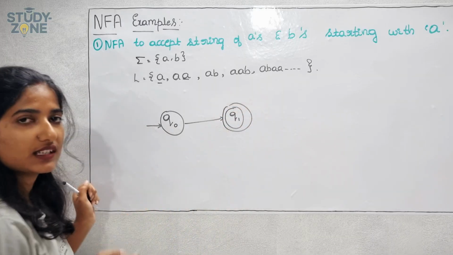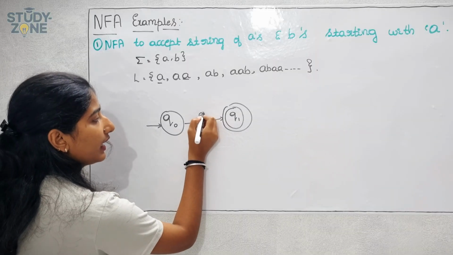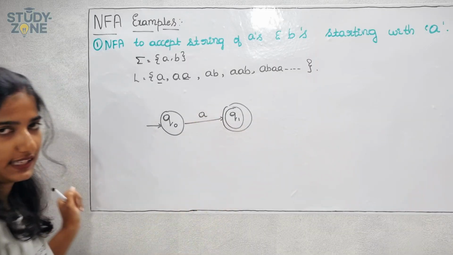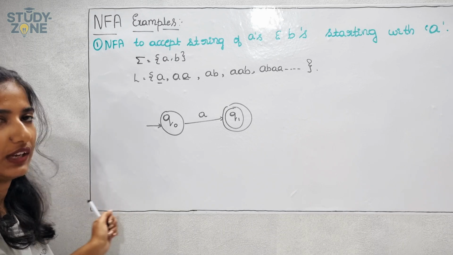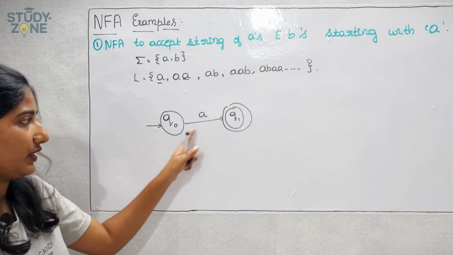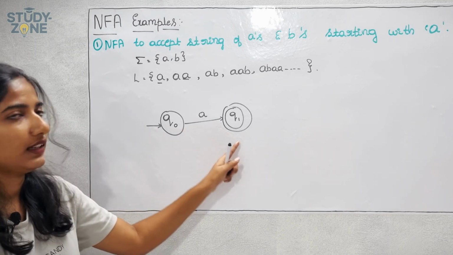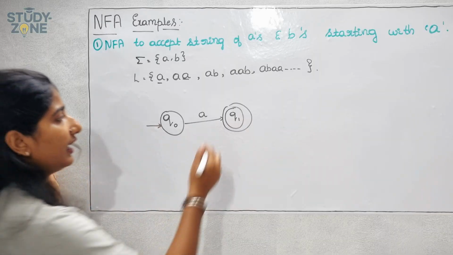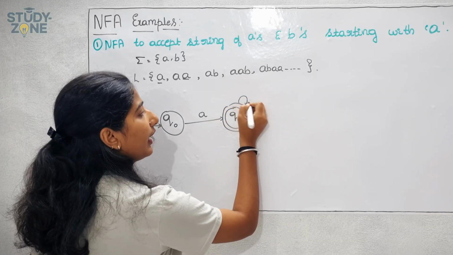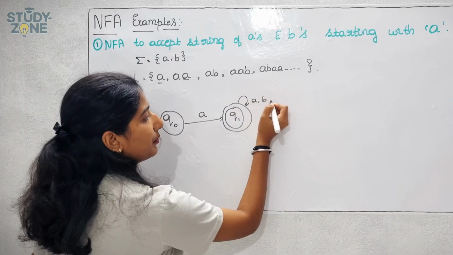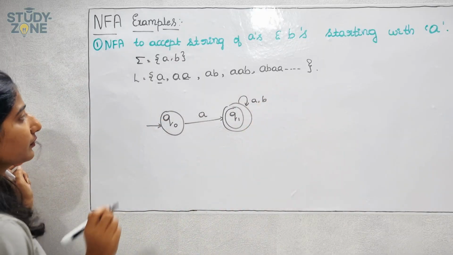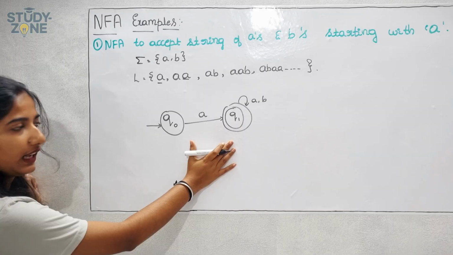If the strings start with A, then the string should get accepted. Same like DFA till now. If the string starts with A, it should get accepted. At the end, we can have A or B, right? This is how we represent NFA.